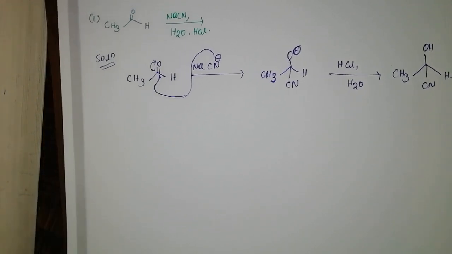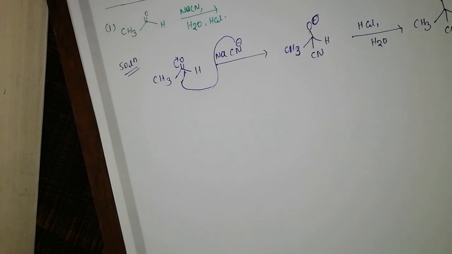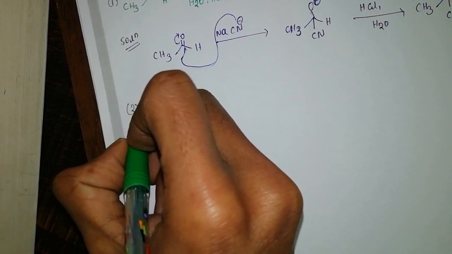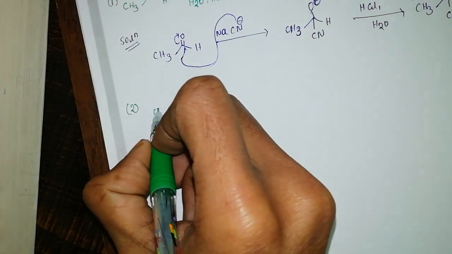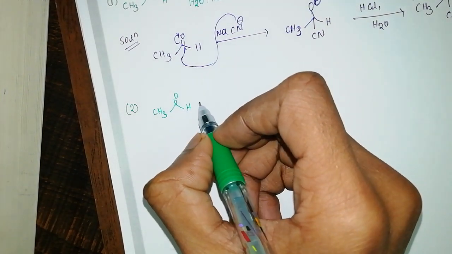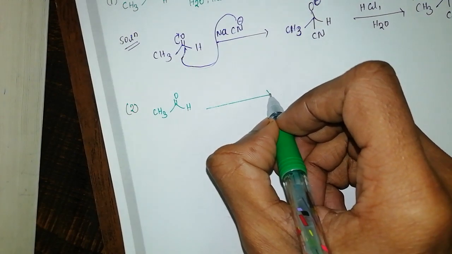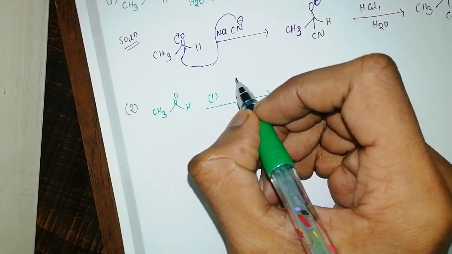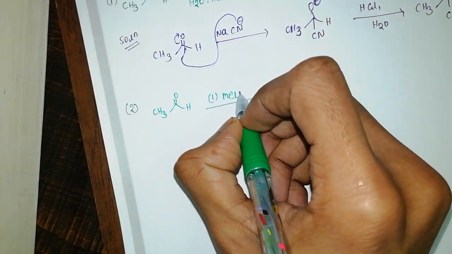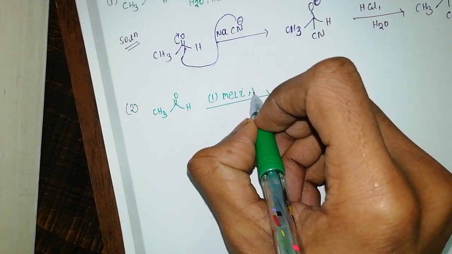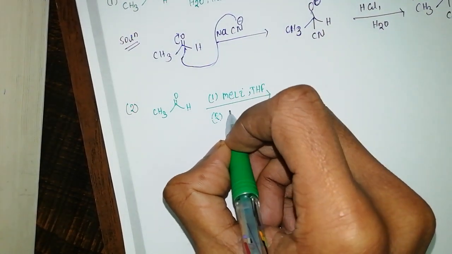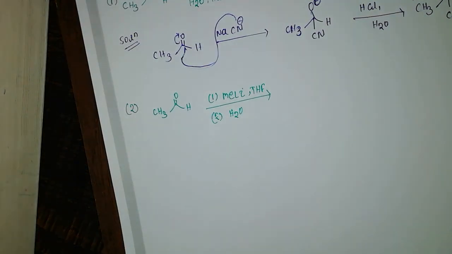Okay, so let's move on to the second question. The second one is obviously on the carbonyl compound, that is our acetaldehyde in the presence of a Grignard reagent and tetrahydrofuran, and second is our solvent H2O, that is a polar protic solvent.